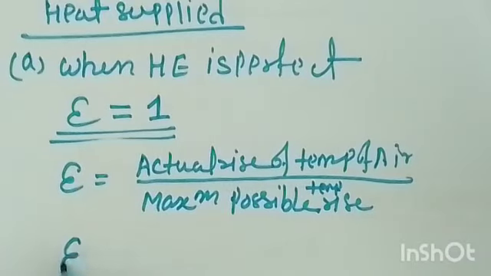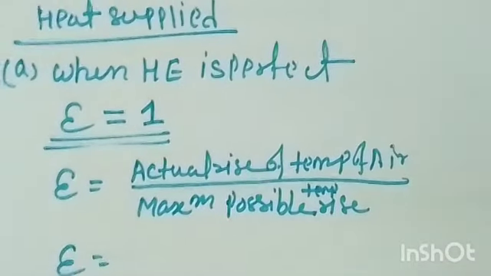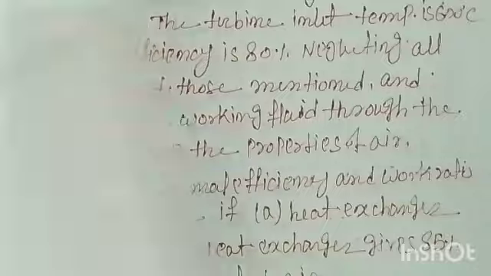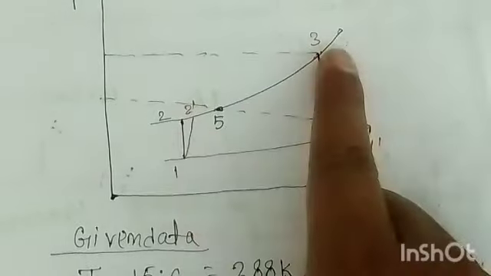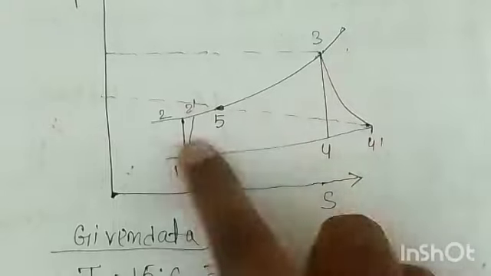So effectiveness is equal to actual temperature rise, which is nothing but, you can see, from 2 to 3, but the maximum possible rise is from 5 to 3. So now you can write the effectiveness equation in that format.